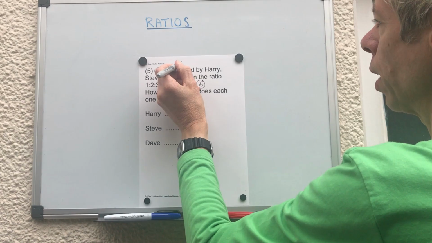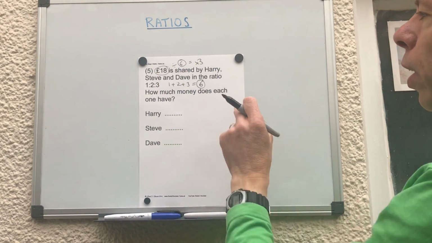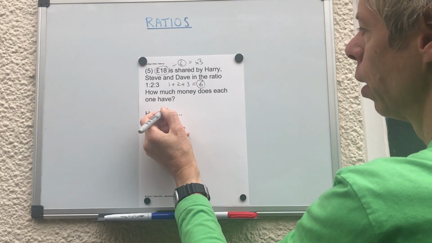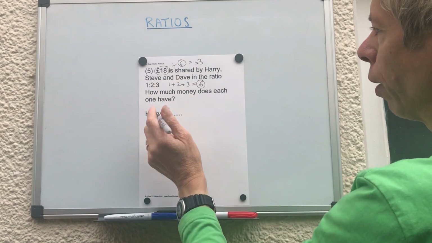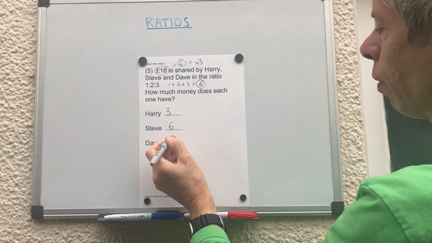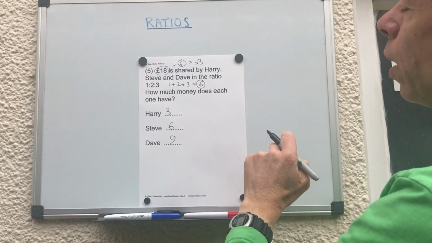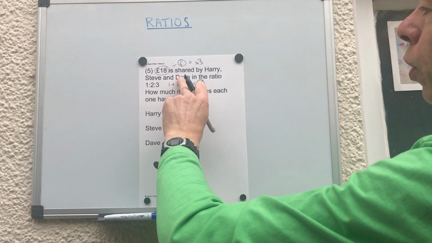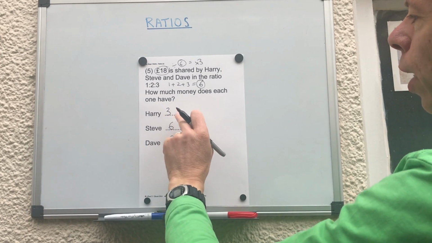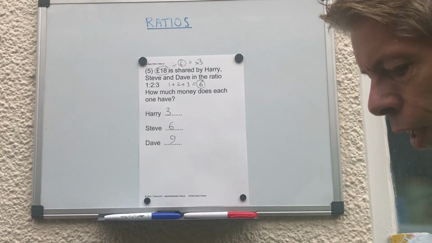So 18 divided by 6 gives us 3, which is our multiple. All we've got to do now is take that multiple, times it by each one of the individual numbers in that ratio. 3 times 1 gives you 3 for Harry. 3 times 2 gives you 6 for Steve. 3 times 3 gives you 9 for Dave. Check we've got it right by adding up. 3 plus 6 plus 9 is 18. So far so good. Dave should have 3 times as much as Harry. Yeah, and that's correct. Steve should have twice as much as Harry. Yeah, that's correct too. So we must have done that right.